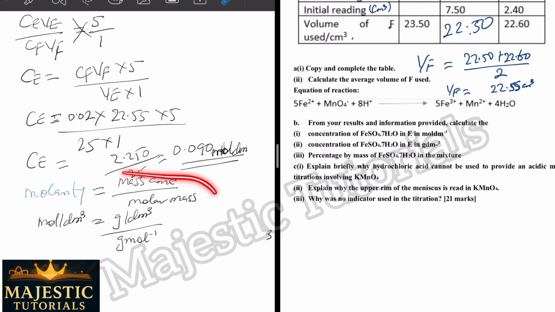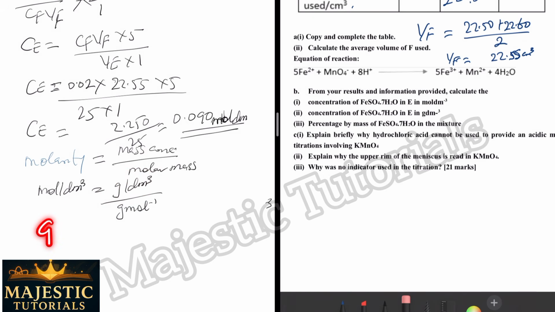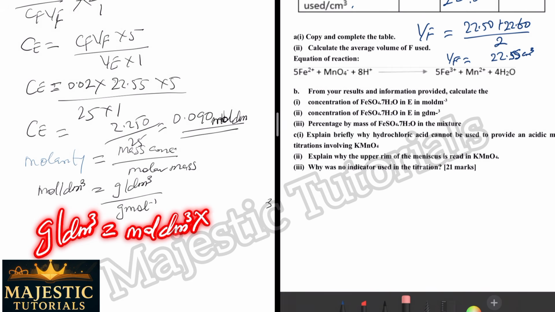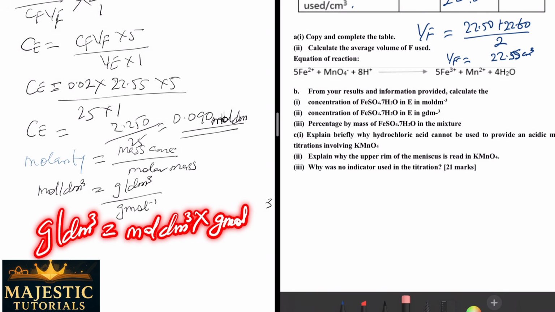Why it will work out well is that we have seen the compound in question: iron 2 sulfate decahydrate. The mass concentration, that's concentration in gram per dm cube, you can make the subject of the formula. So gram per dm cube is equal to mole per dm cube times molar mass, that's gram per mole.